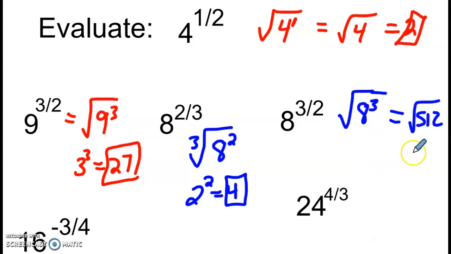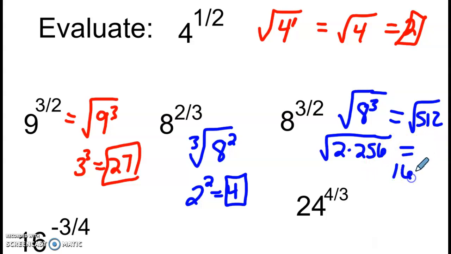And then to simplify that, if I cut that in half, I get 256. 512 is 2 times 256, and the square root of 256 is 16. You have to fool with that on your calculator and find those things. But you get 16 root 2 as the simplified form of that, okay?